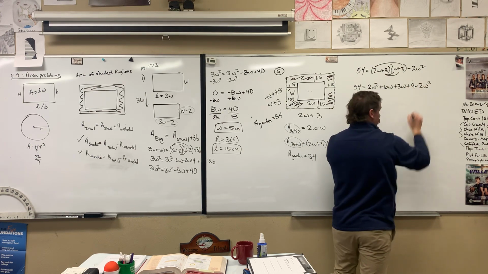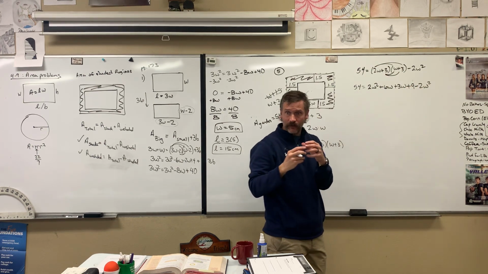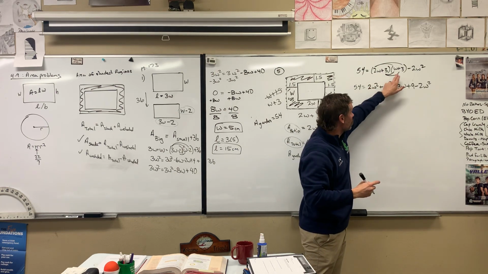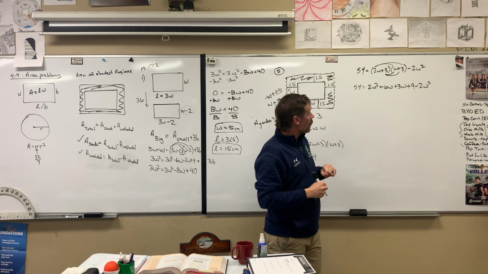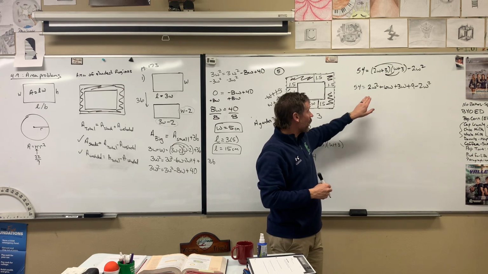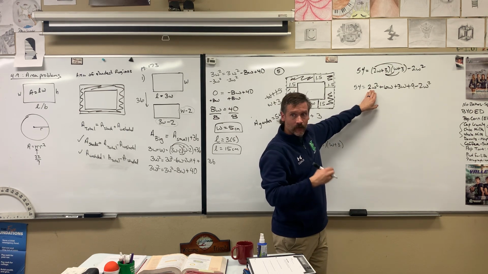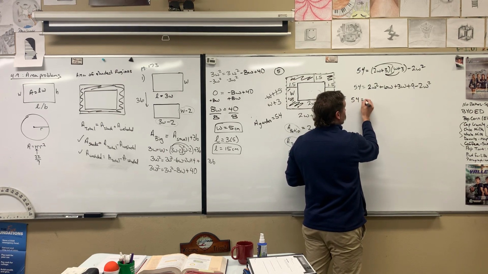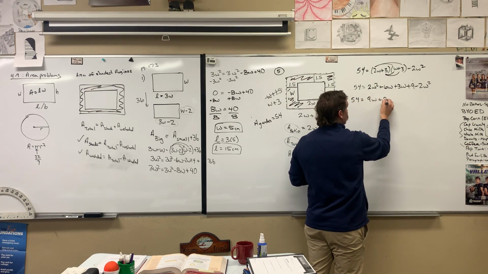Hopefully you're getting comfortable with that foiling or distribution method and can pump out those numbers, maybe not with ease, but with understanding. And then, sure enough, what happens to our 2w squareds? They cancel, and you get 54 is equal to 9w plus 9.